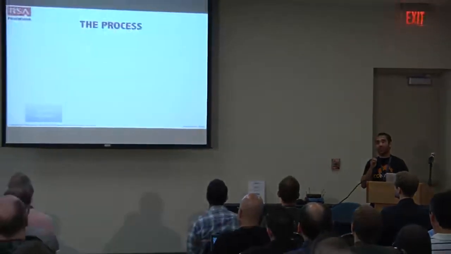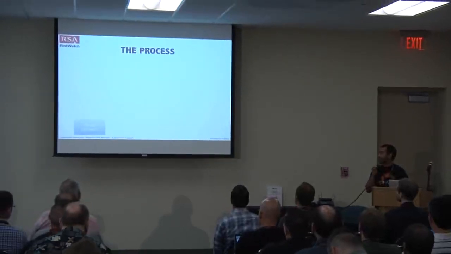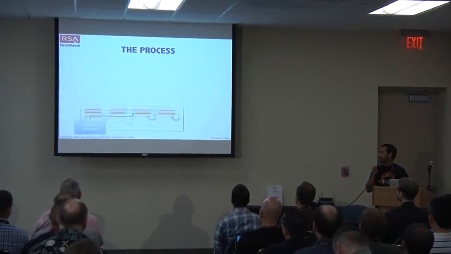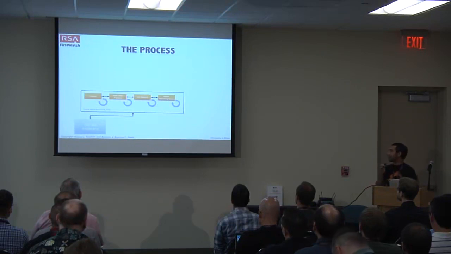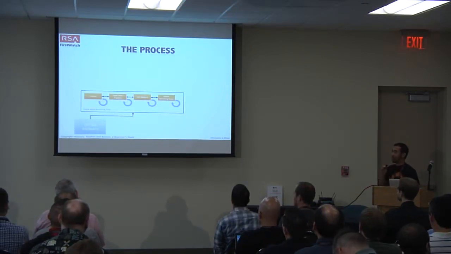All right, so the process. If you have a DIY kit, you would be able to produce your DIY kit malware. And then that malware, you can subject it to different standalone armoring tools. You can mix and match the different armoring tools.